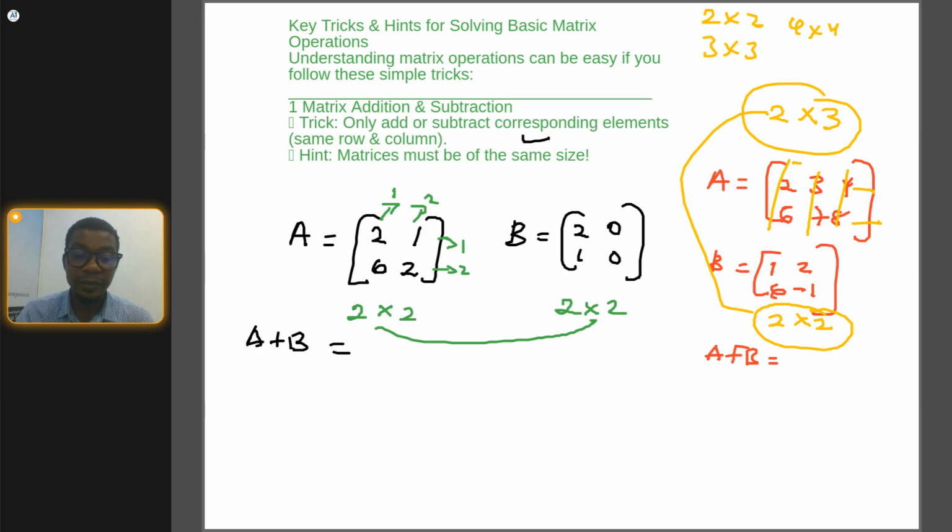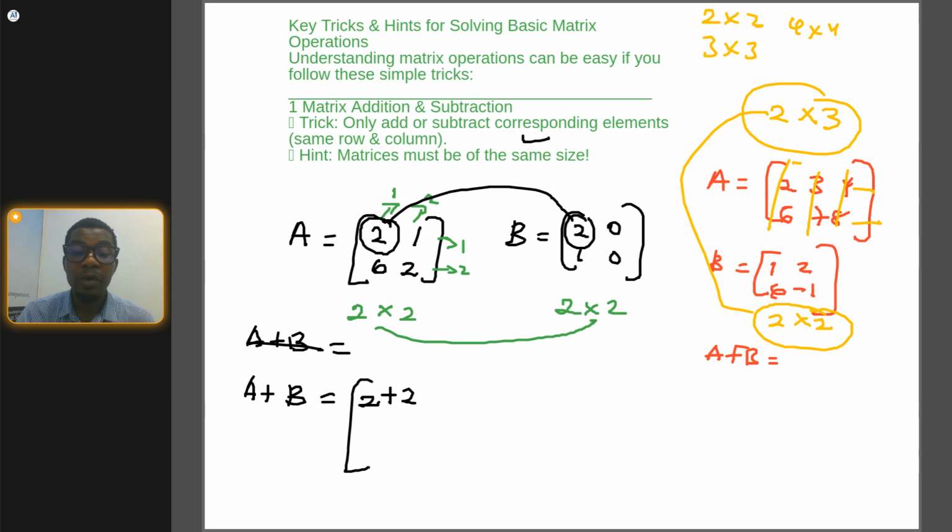Now let's add A plus B. It says to add or subtract only the corresponding elements. I'll be adding 2 to 2, because both are corresponding. So that is 2 plus 2, and I will add 1 corresponding to 0, that is 1 plus 0.